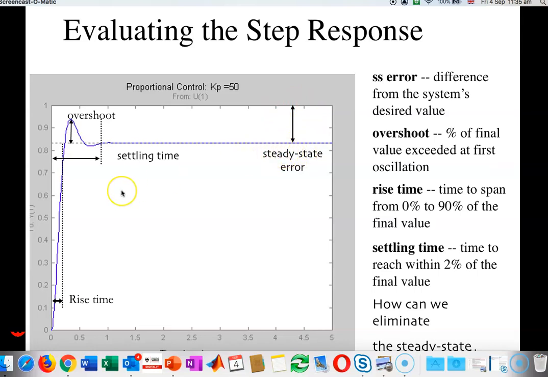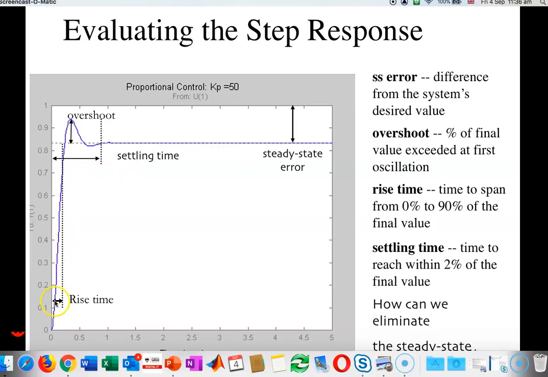The second parameter we tend to use is the rise time. The rise time is the time the system response takes from 0, rises to 90% of the final value, not the input, the final value of the output. Okay, it's a time, that little time there.